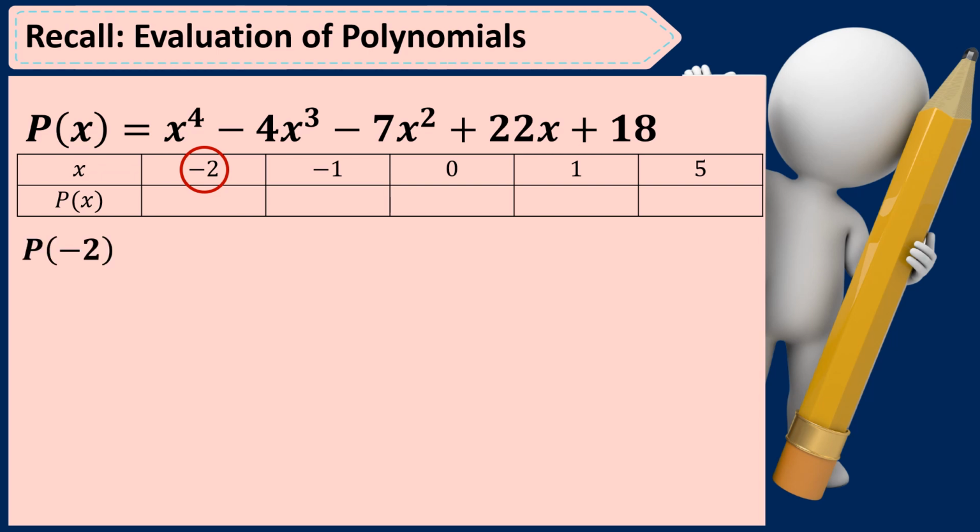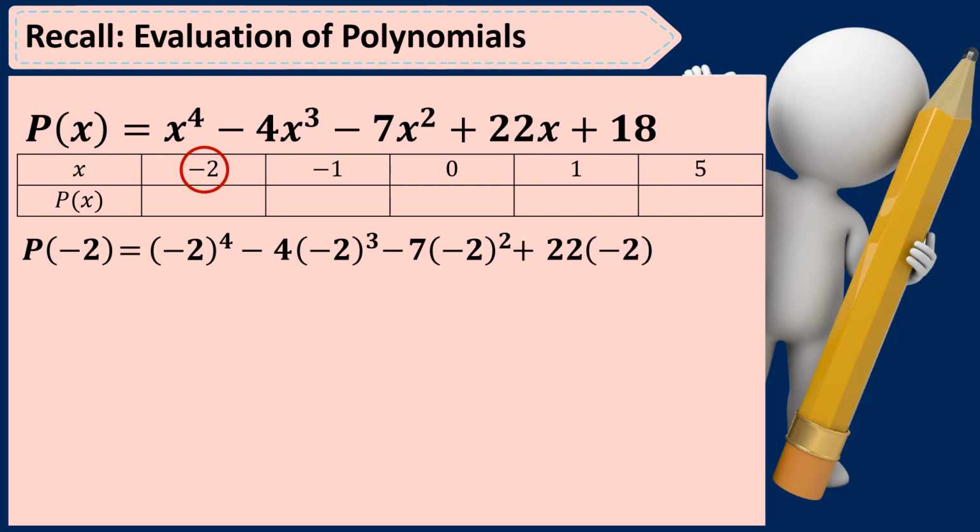P of negative 2 is equal to the fourth power of negative 2 minus 4 times the cubed of negative 2 minus 7 times the square of negative 2 plus 22 times negative 2 plus 18.